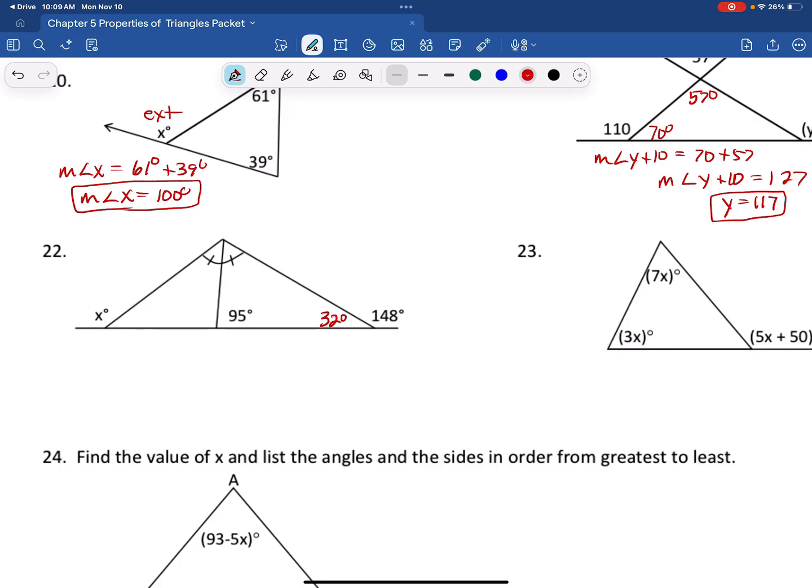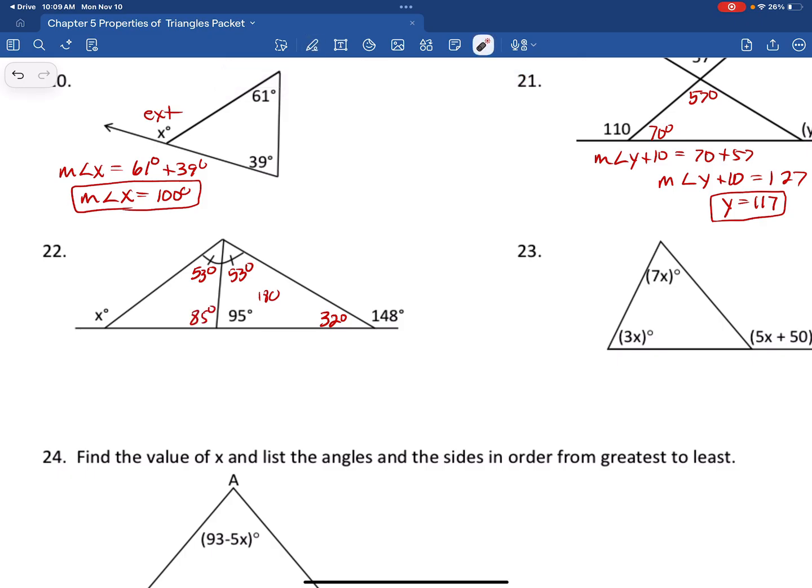Okay, and then I'm going to take this triangle is 180, so I'm going to take 180 and I'm going to subtract 95 and 32, so this is 53. Okay, so that means this is also 53 because they're congruent. Okay, I know that these two angles right here are a linear pair, so then 180 minus 95 is 85.